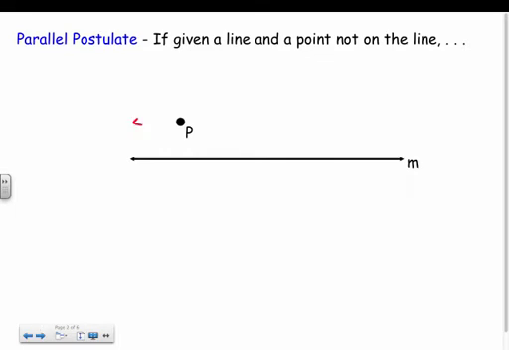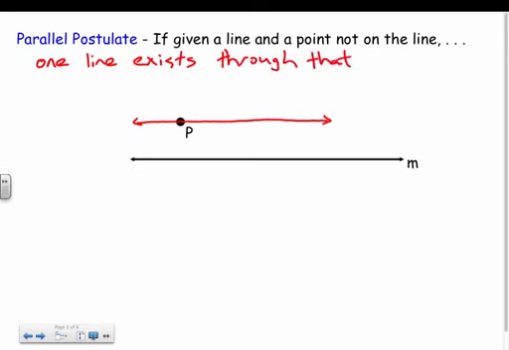There's only one line that exists that's parallel to M. So if given a line and a point not on the line, only one line exists through that point that is parallel. That's all there is to that.